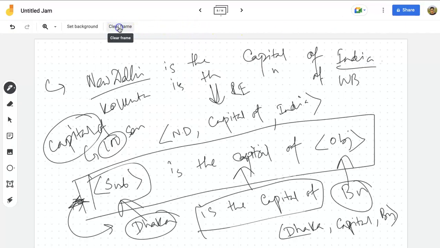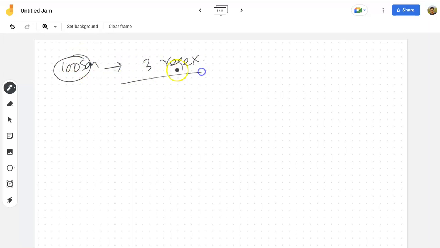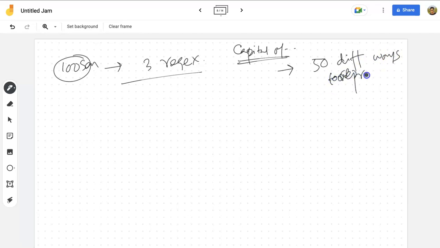Let's see it this way. Suppose someone gives you 100 sentences. You find 3 regex patterns for a relation capital of. Now suppose there is some oracle, and I know that there are 50 different ways to represent this capital of relation.